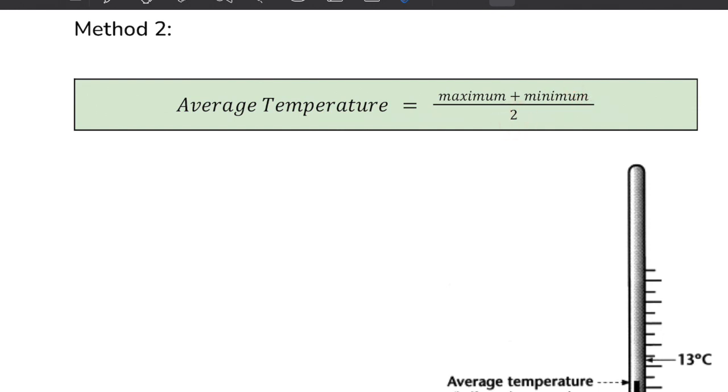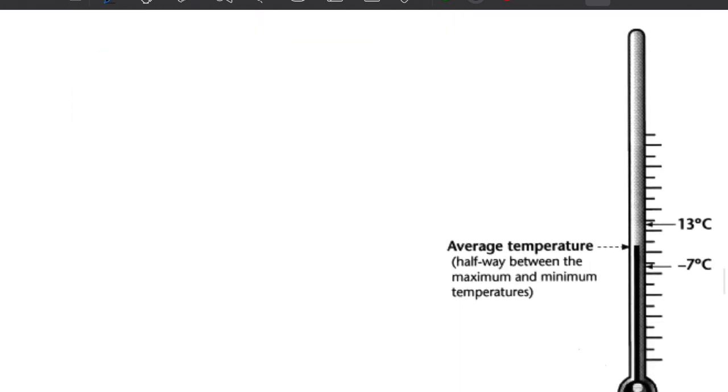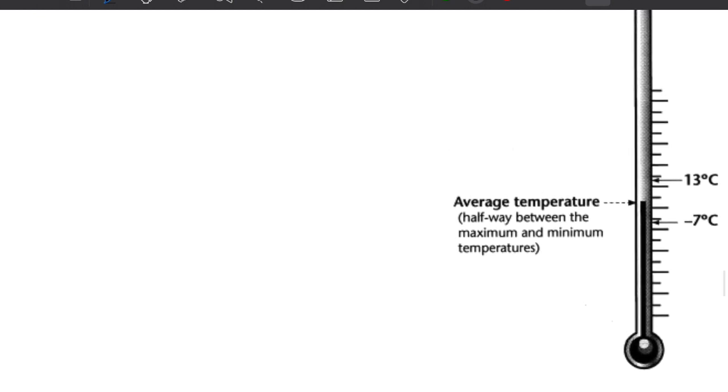Okay, what I'd like you to be careful about here is that when we're calculating averages, the negatives matter. So we have to make sure that we don't get rid of any negatives like we did in the difference question. So we're going to calculate the average between 13 degrees Celsius and -7 degrees Celsius.